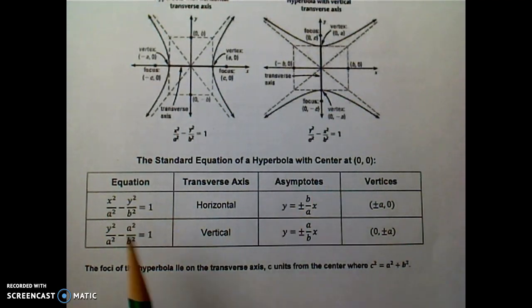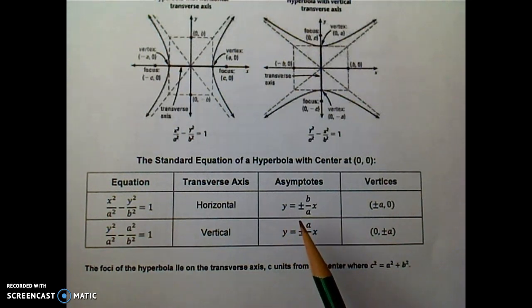If that's the case, the standard equation of a hyperbola with its center at the origin with a horizontal transverse axis looks like this: x squared over a squared minus y squared over b squared equals 1. Similar to our ellipse, standard form equation is always equal to 1. The difference here is instead of a sum, we have a difference.